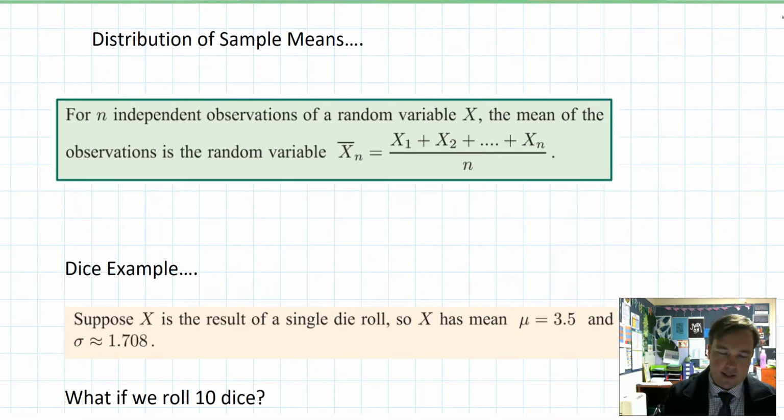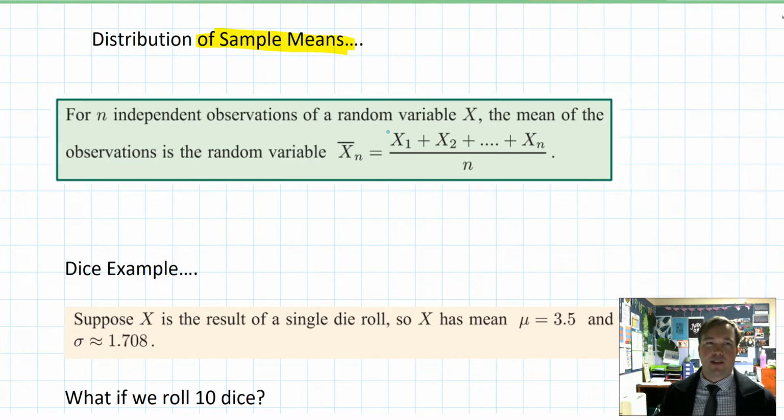Now, this is subtly different. A sample mean. So let's say we take that sample of 10 dice before. We know that the sum of the distribution should be n times the distribution of each individual one, or 3.5. Also, for n independent random distribution, the mean of the observations in the random variable is, so here what we're talking about is not the sum, but given we've got 10 dice we've rolled, what is the average of each dice?